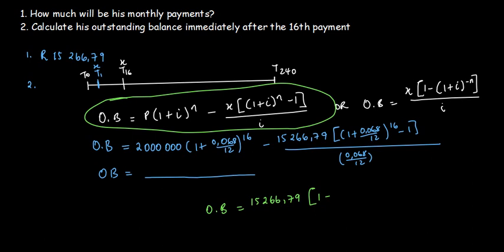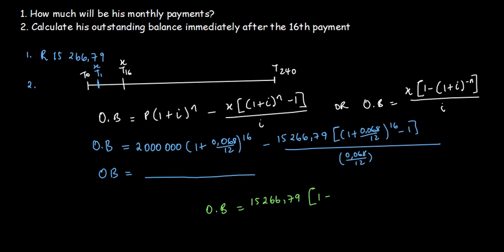That means I'm also including the 16th payment. Usually if they say "immediately" or if they just say "after the 16th payment", it really means the same thing. So I don't want to say we're ignoring it, but it's just the same thing.